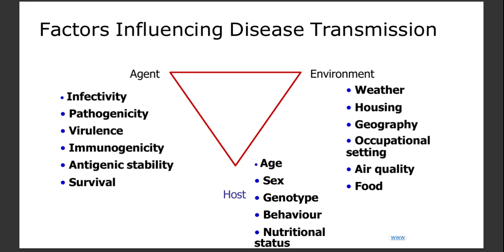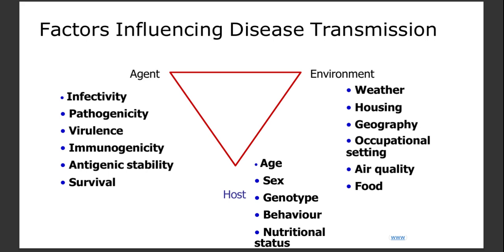They are more likely to be involved in an accident because of careless driving. And for that accident that has happened, the microorganism has more chance to enter the body if there is trauma, if there is a place that has been cut, and that is going to cause disease to happen. Nutritional status. For example, some people are malnourished. They don't eat well. Because of that, they are prone to some conditions.